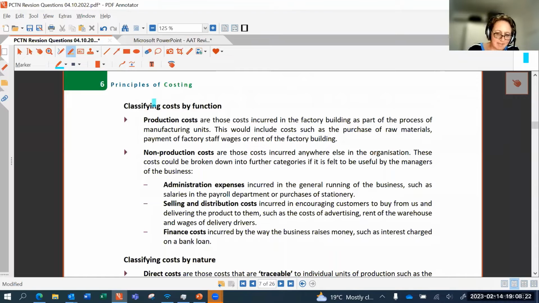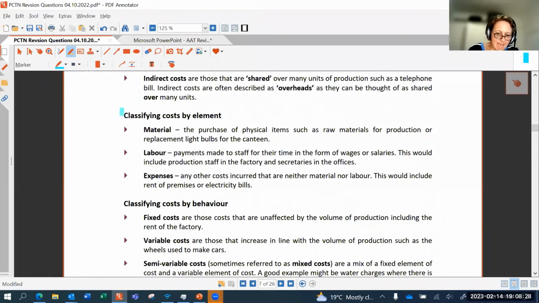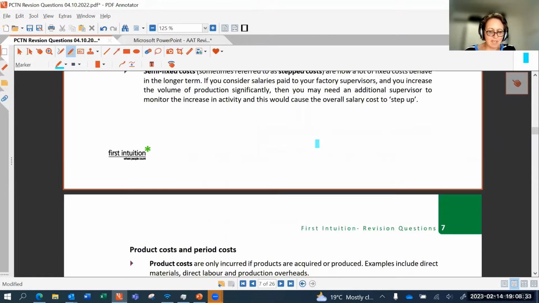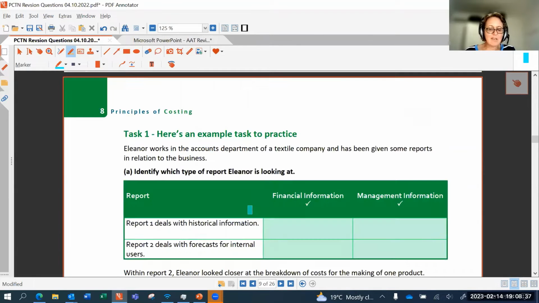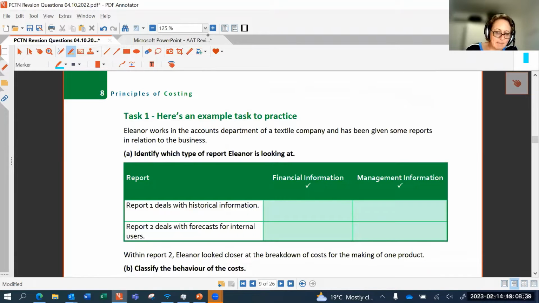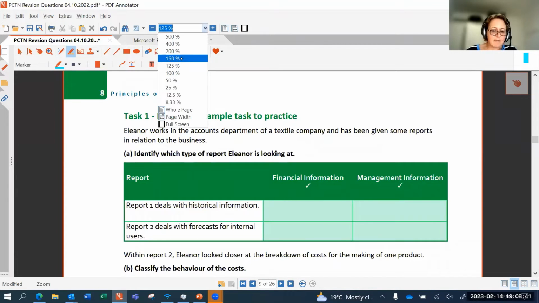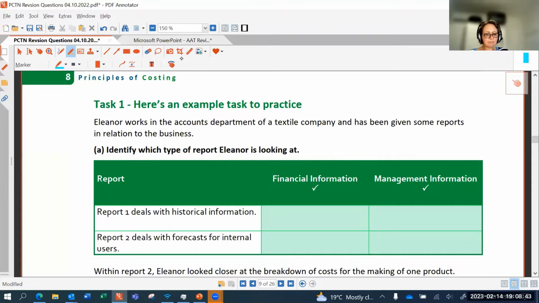So a nice long list of revision points here, classifying costs by function, by nature, by element, by behaviour, and so on. Some lovely revision notes in there for you to have a look at, and particularly if you find this task difficult, you certainly might want to go back to those revision notes for a little bit of extra help.